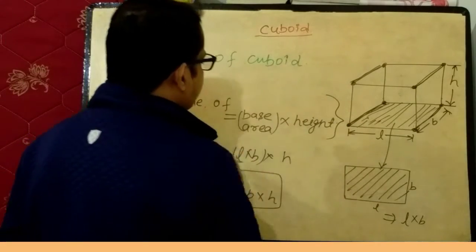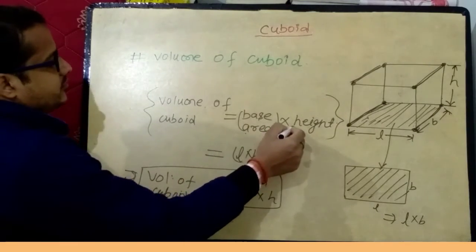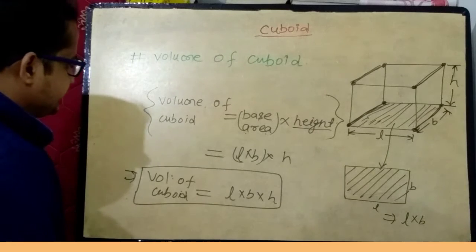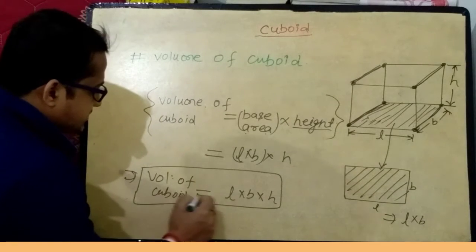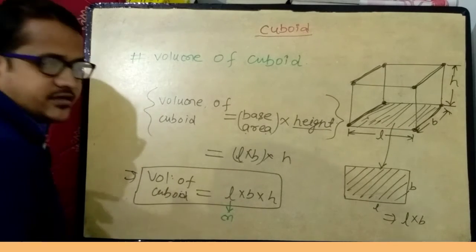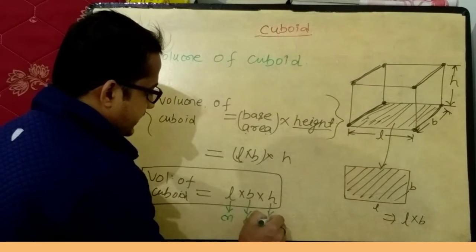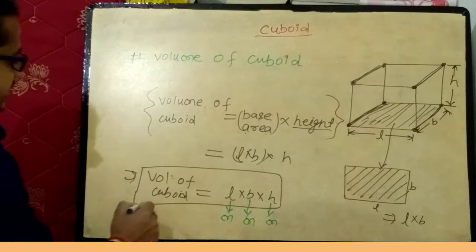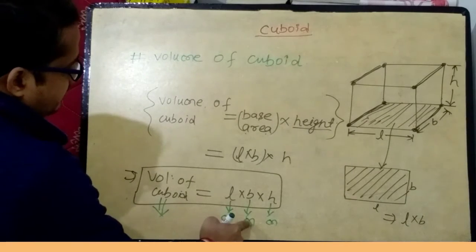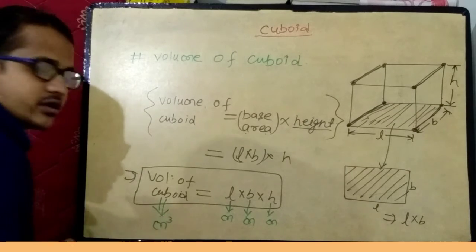By using it, you can calculate volume of object, that is base area multiplied by height for uniform object. Now, if L is in meter, B is in meter, as well H is in meter, then unit of volume of cuboid is M into M into M, that is meter cube.